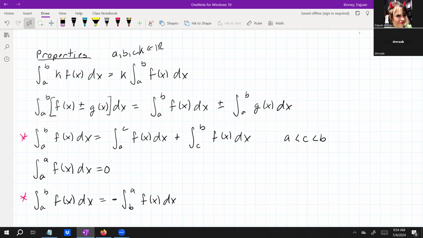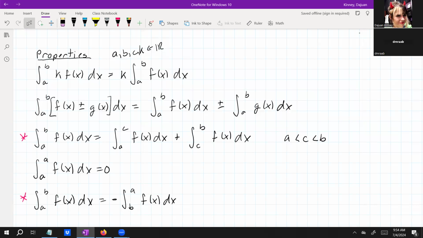The third one is if we're going from A to B and we want to break it up in the middle. So at some C, we can just say A to C, C to B. And we will see a case where we have to do that. This section or next, I can't remember. If we're going from something to itself, the area is 0 because plug in A minus plug in A, you get nothing.